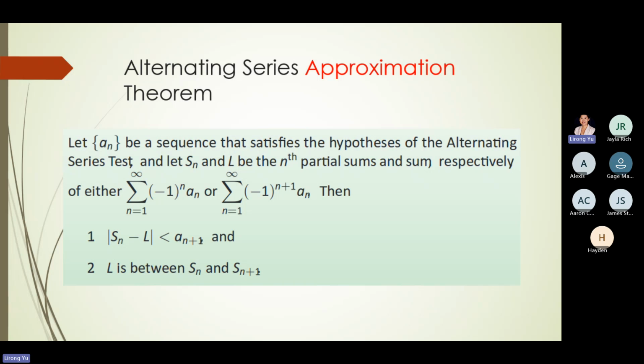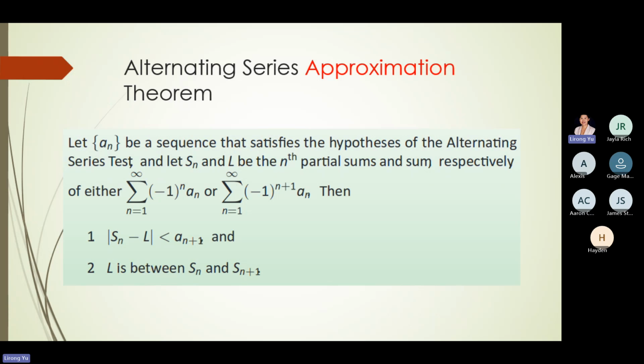So we're trying to look at how much error we're making if we use a finite sum as an approximation of the infinite sum. So S of n is a finite sum. L is the infinite summation. If you are using S of n to replace L, you're making a small error. Now, S of n minus L, that's how much error we're making.